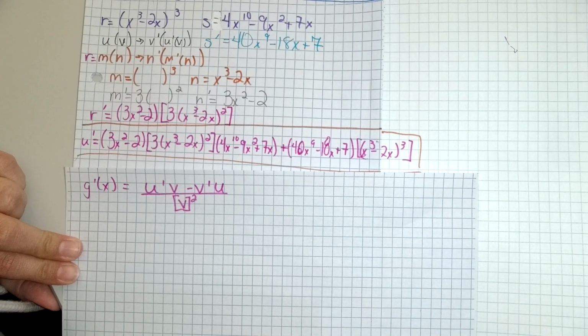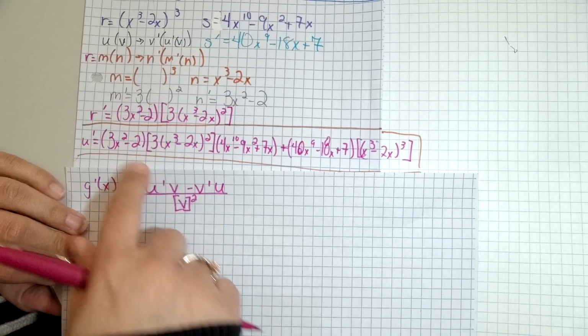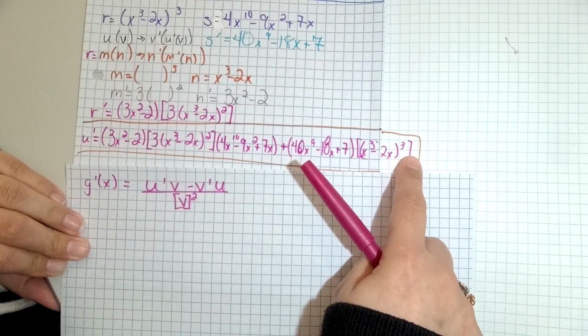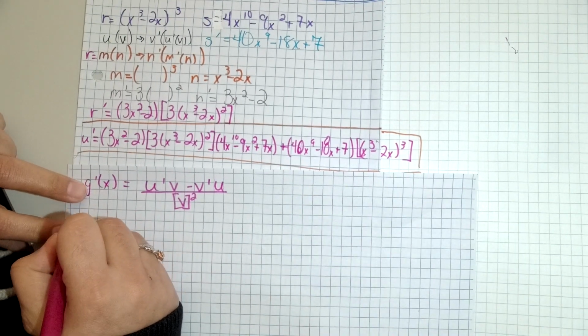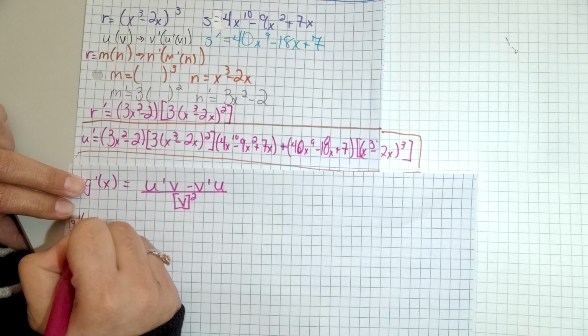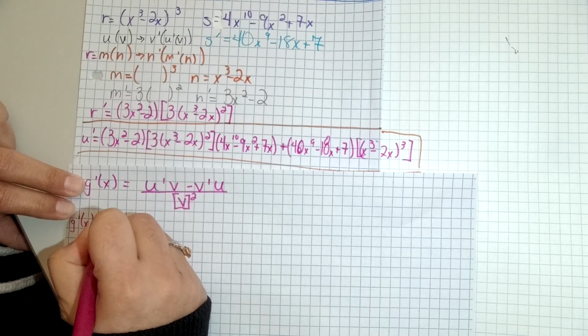Now I'm just going to put in all of the things. U prime is all of this. Yes, you have to write all of that. So I'm going to try to write small. So G prime of X. Can you see? Kind of, sort of?